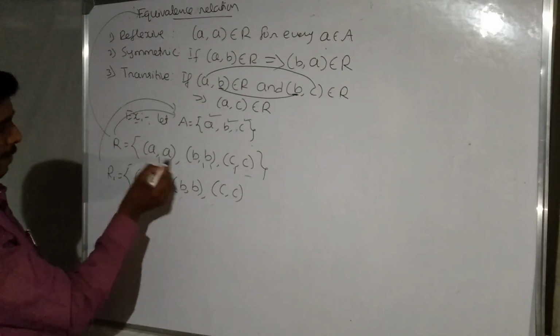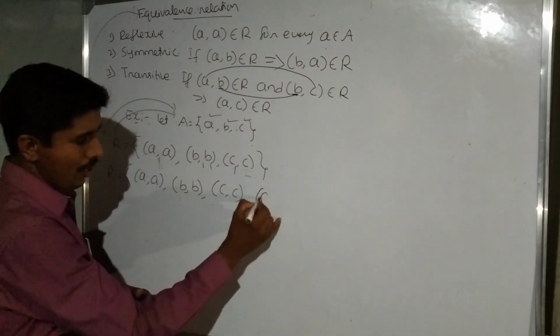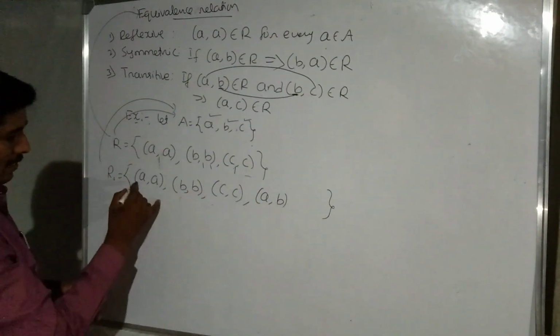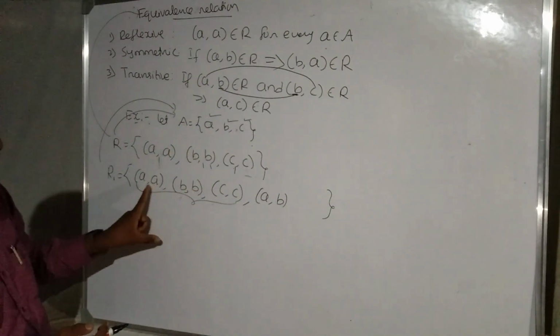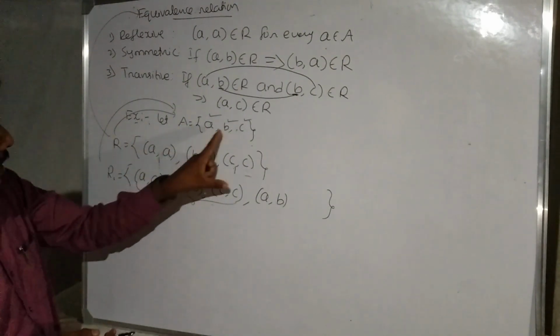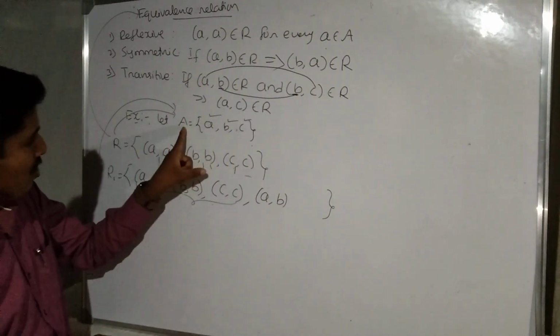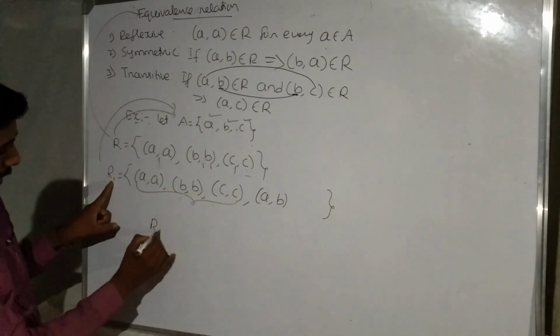This is same as the first one. I am taking a second example. Here I am going to include A comma B. So clearly it is reflexive, because A comma A, B comma B, C comma C are in relation. Therefore R1 is reflexive.